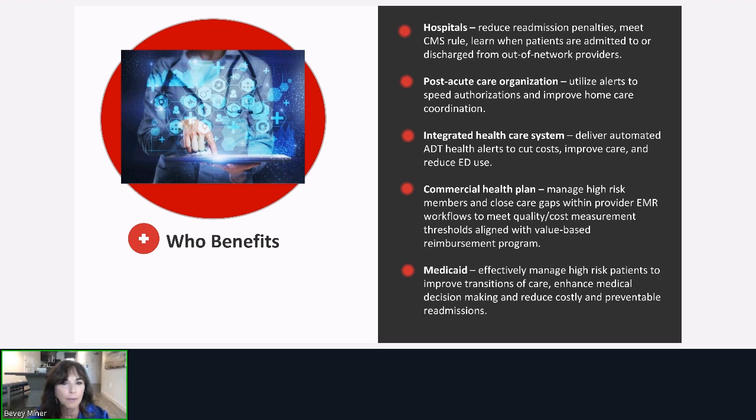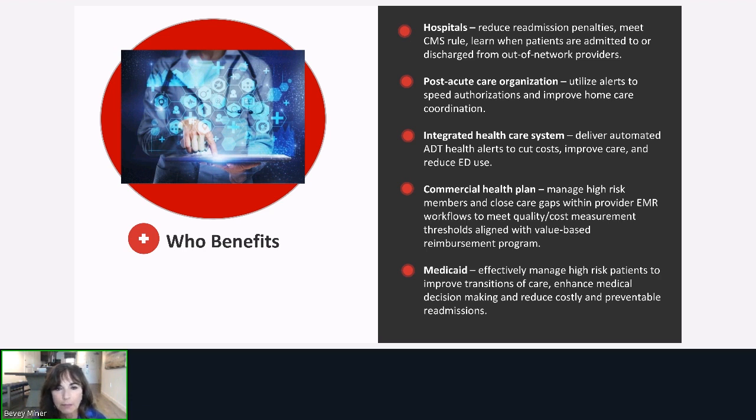And some of it might just be complying with key tests that a particular patient at an elderly stage might need, a colonoscopy, a mammogram, etc. And if the providers are not communicating and we're not doing these ADT messages to the commercial health plans, they really aren't aware of what's happening to their patients at the time that encounter is happening, which is extremely important for them to be able to manage that care as well.